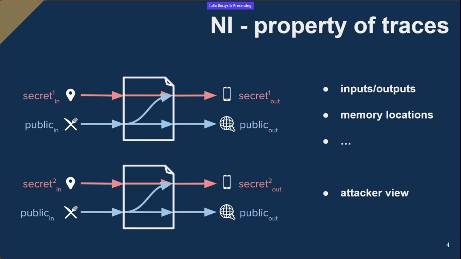If we have two executions that differ only on the secret data, but not on the public inputs, then the public outputs should be the same. So this is basically what non-interference says.